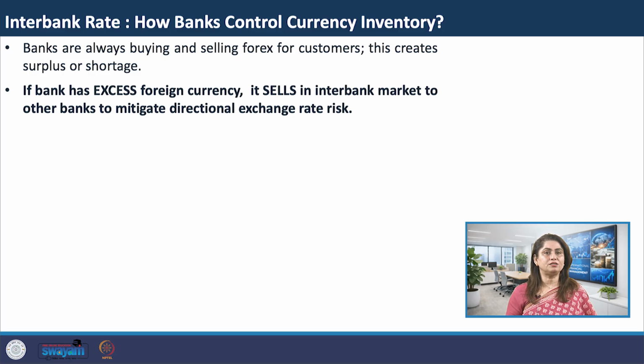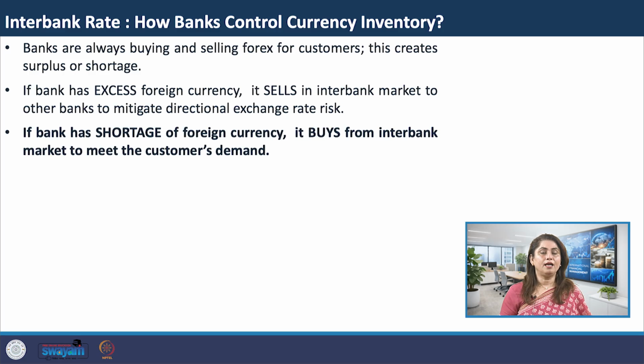If the dollar falls in value tonight, the bank's dollar inventory loses rupee value. So the bank offloads the excess quickly. Conversely, if a bank faces a shortage, its customers are demanding more dollars than the bank has, it goes into the interbank market and buys dollars from banks that have a surplus. This two-way flow is continuous, happening hundreds of times per day across the system.